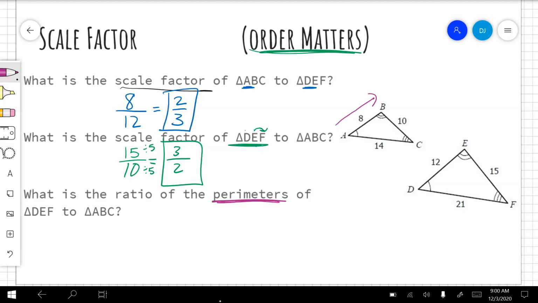Sorry, hold on, let me go back to the question. It says, what is the ratio of the perimeters of DEF and ABC? So for triangle DEF, we would add all of the sides together. That would be 12 plus 15 plus 21.